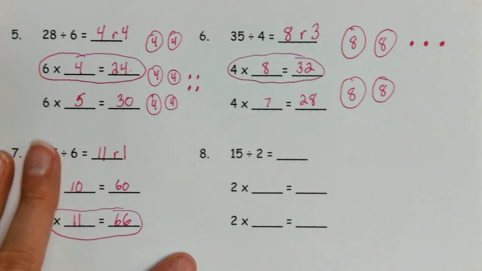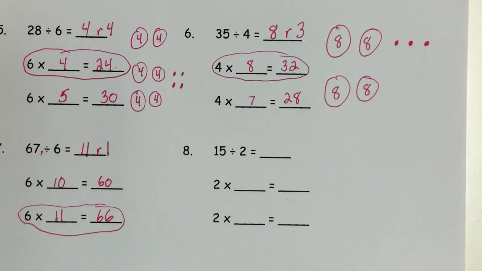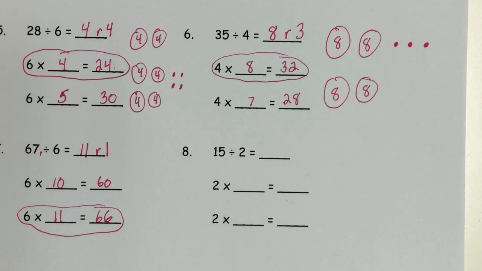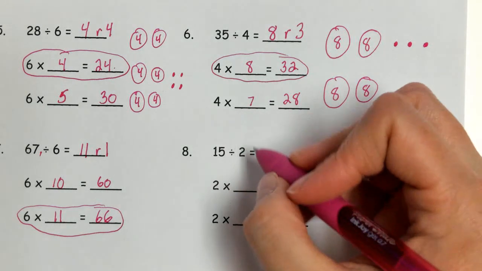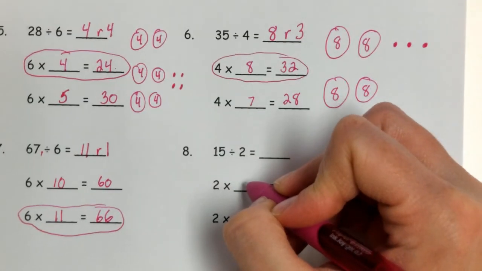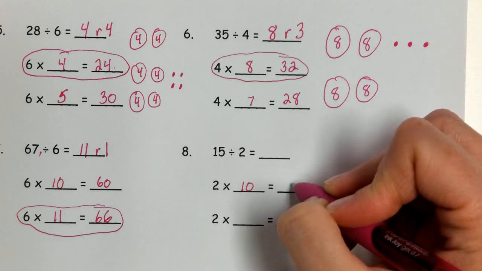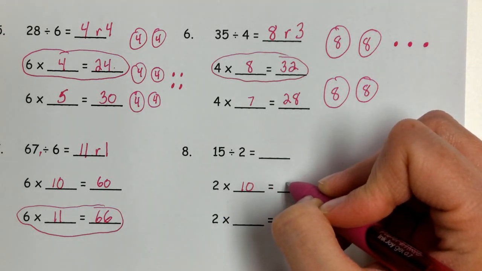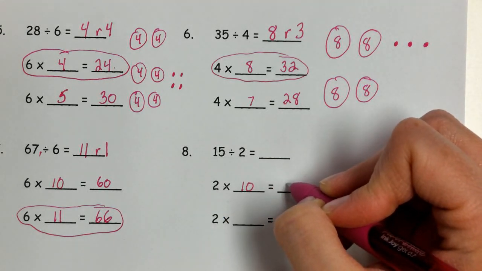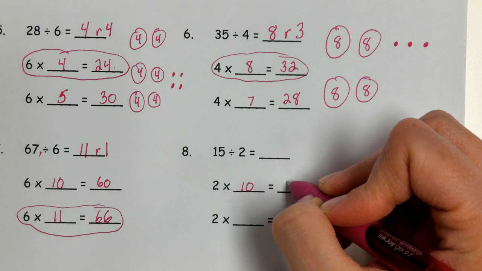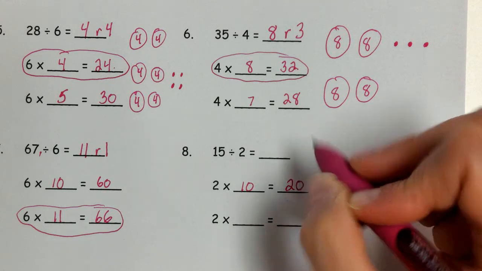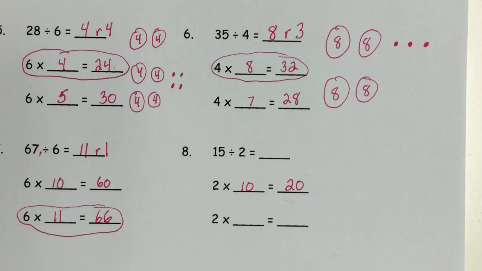All right, Helena. 15 divided by 2. 2 times 10. What is 2 times 10? 2 times 10 is 20. All right, are there any multiples of 2 that will get me closer?